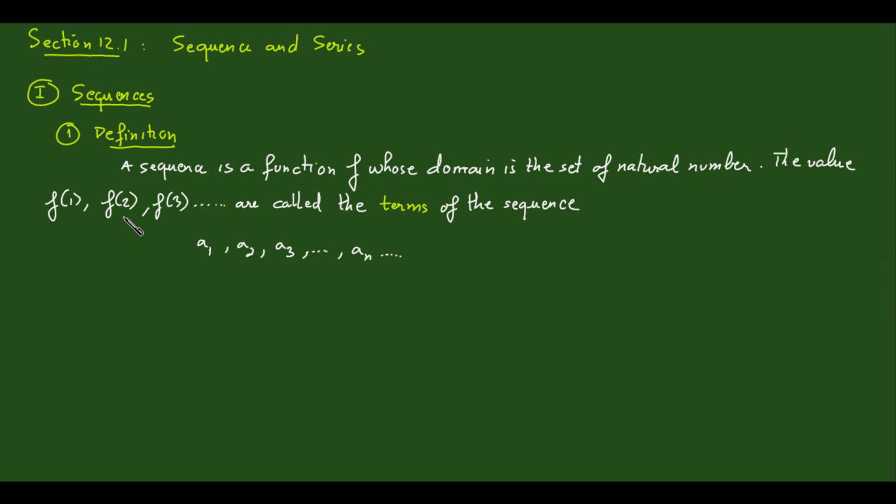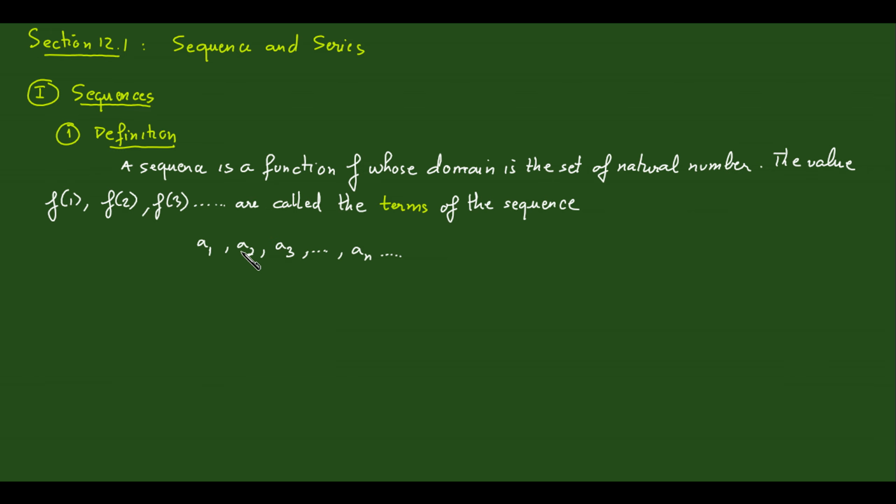So what does this mean? The numbers 1, 2, 3, and n here are the subscripts, and all of these are natural numbers. So f of 1, where 1 is a natural number, and 1, 2, 3, 4, 5 is the domain. f of 1 is nothing but a1.